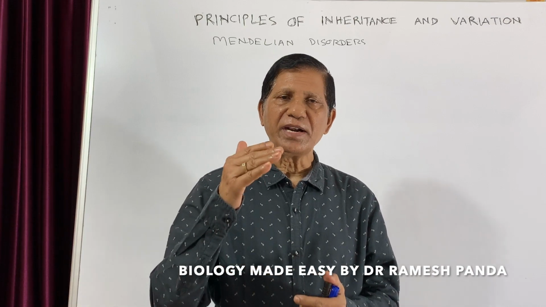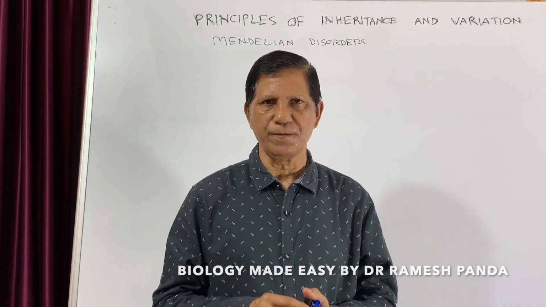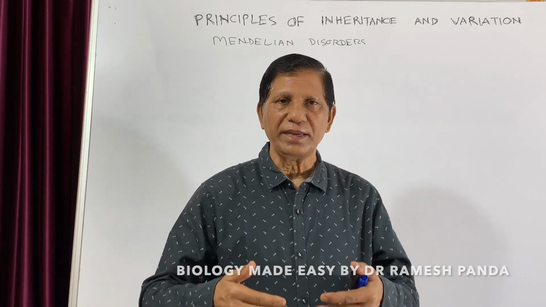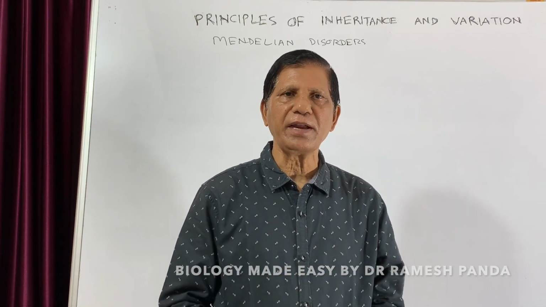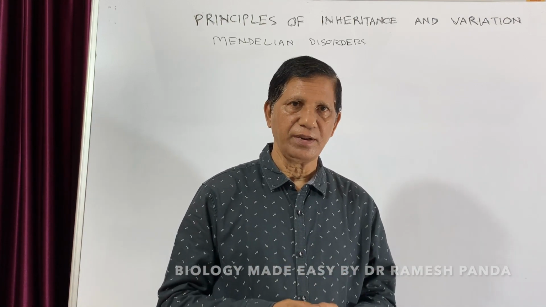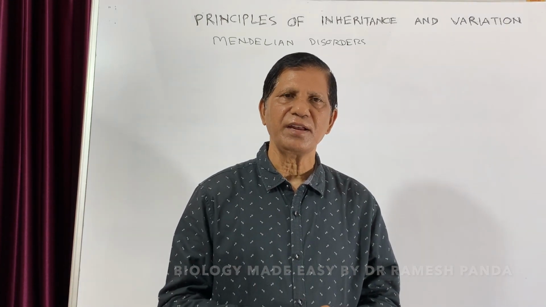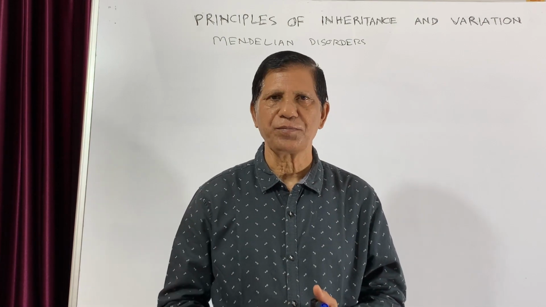These Mendelian disorders are inherited according to Mendel's laws, but their expression sometimes may not be known phenotypically, yet we can trace where that particular defect lies by analyzing the pedigree of a particular family.